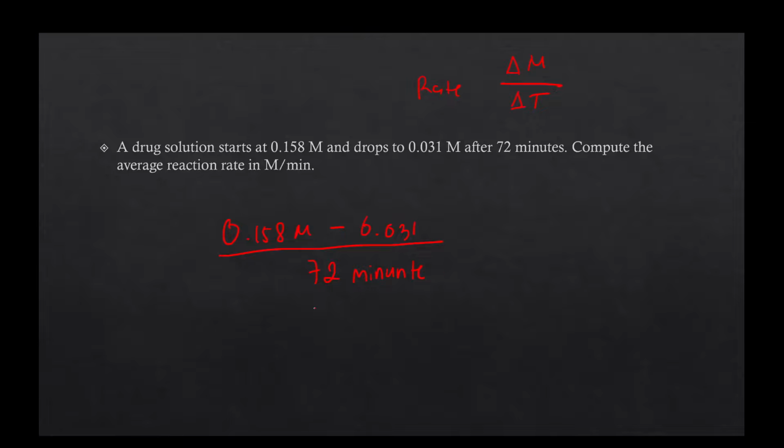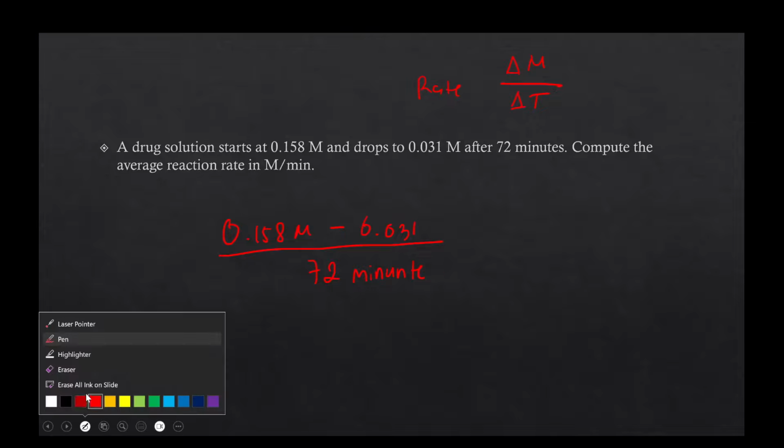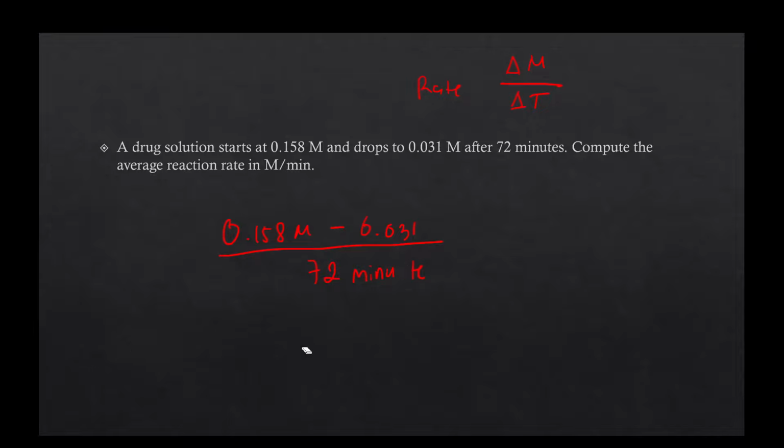So 72 minutes has passed, so that is the change in time. 0.158 minus 0.031 divided by 72. The rate is 2.138 times 10 to the negative third molarity per minute.